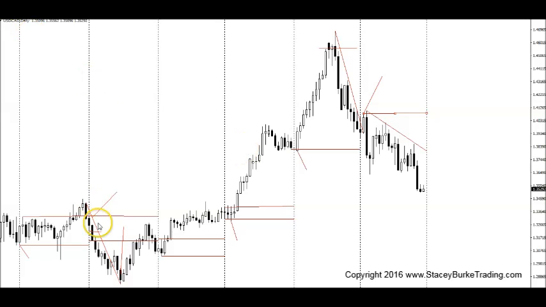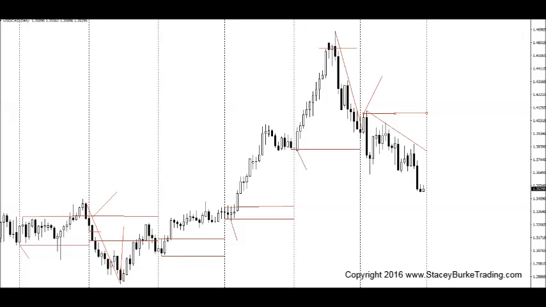As you can see, if you are able to combine this with some of your other analysis, you can see how timing that correctly can set you up for sometimes a 3, 4, 5, 6, 7, 8 to 1 reward to risk. So again, go back, print off some charts on your own, do your own research.